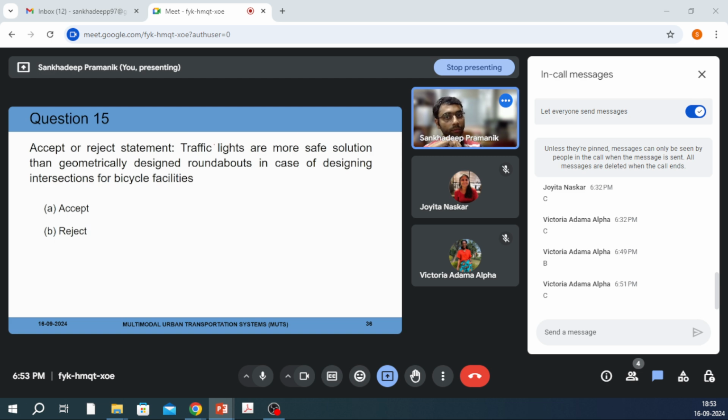Next is an accept or reject statement. Traffic lights are more safe solution than geometrically designed roundabout in case of designing intersection for bicycle facilities.